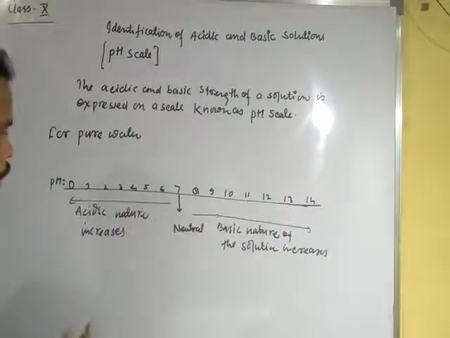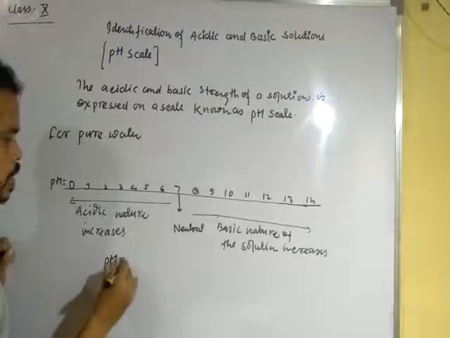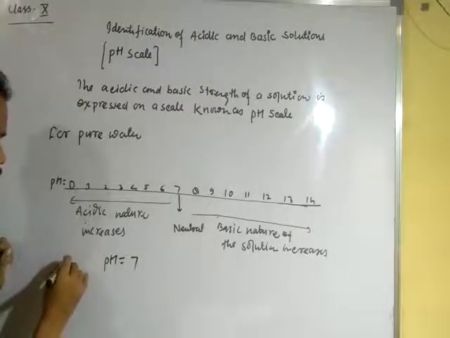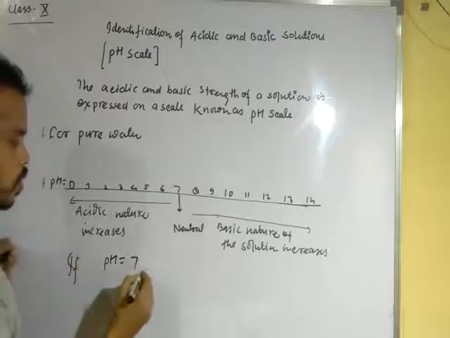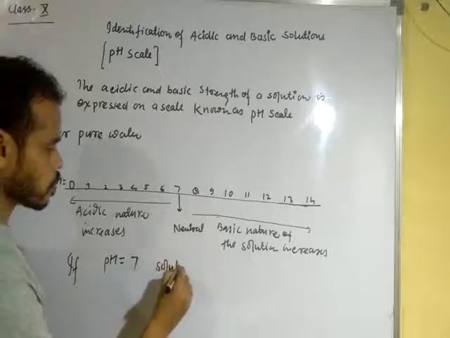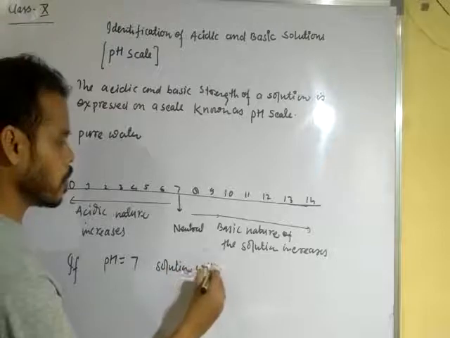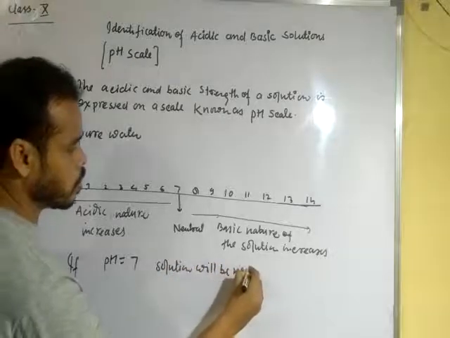Okay, dear student, if pH is equal to 7, the solution will be neutral.